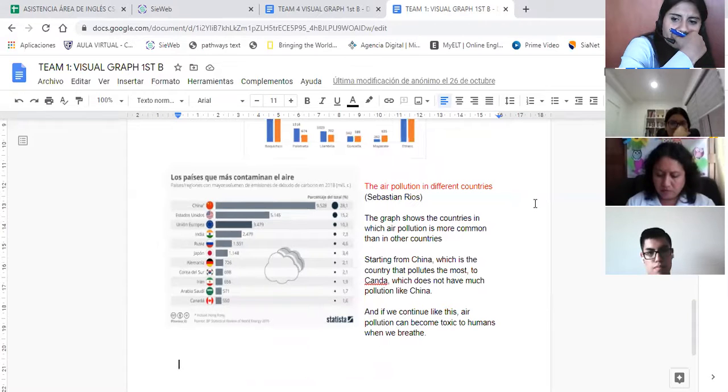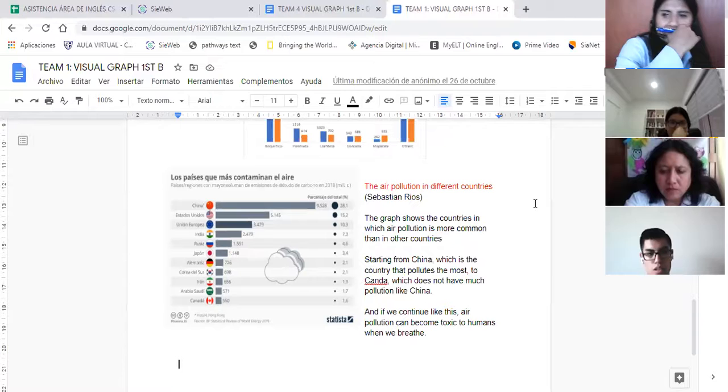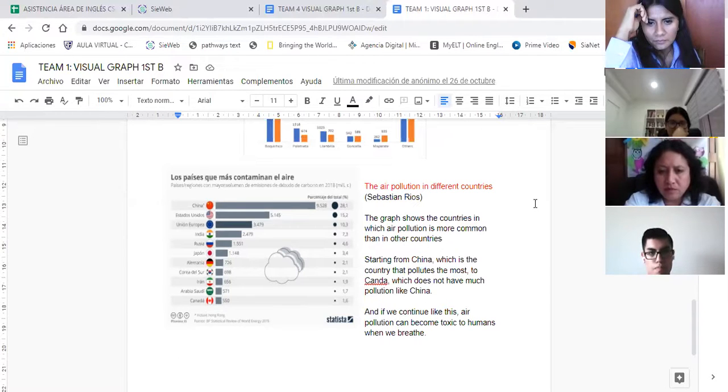And the graph shows exactly that the pollution in these two countries is more common than in other countries. For example, Canada doesn't have the same pollution as China.